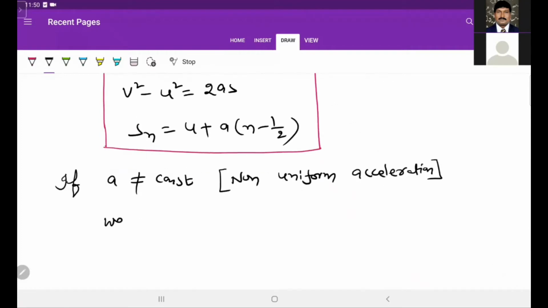We do not use kinematic equations in this case.